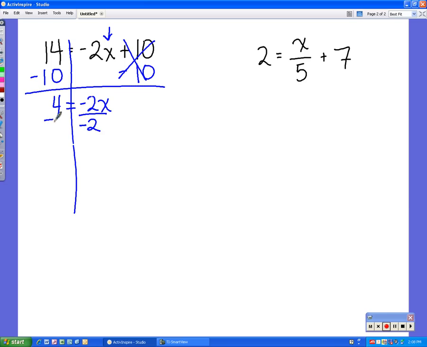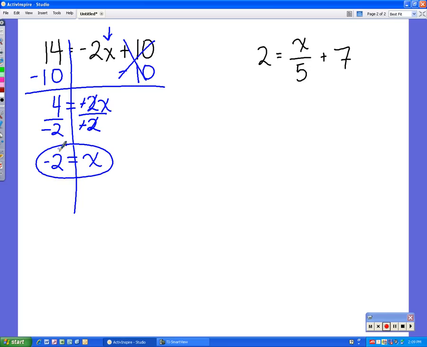I need to do that on both sides. 4 divided by negative 2 is negative 2 equals, cancel out my negatives, cancel out my 2's, and x is all that remains. Now this says negative 2 is equal to x. That's my answer.